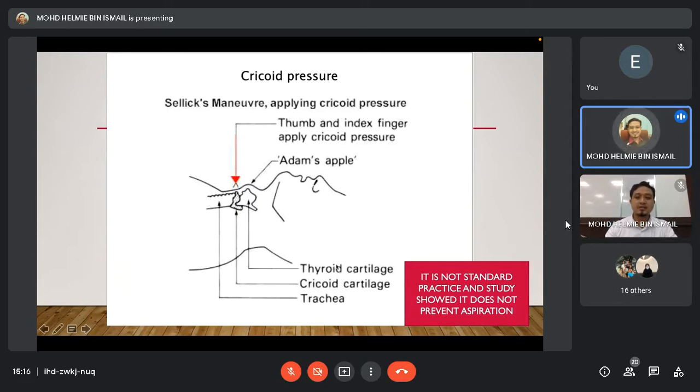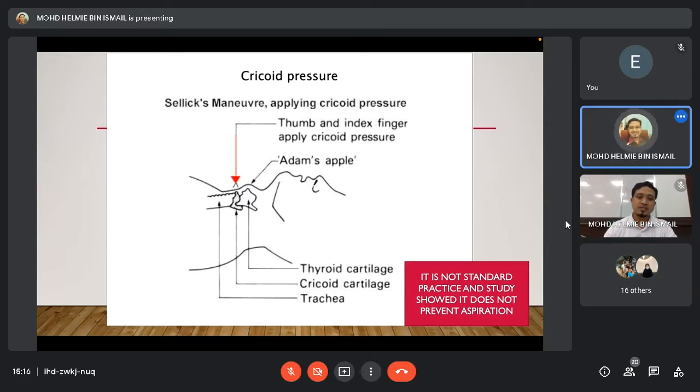Actually, in some studies it doesn't have any benefit, because previous studies said that cricoid pressure can prevent aspiration. However, recent studies have shown that it is not standard practice, and it does not prevent aspiration.